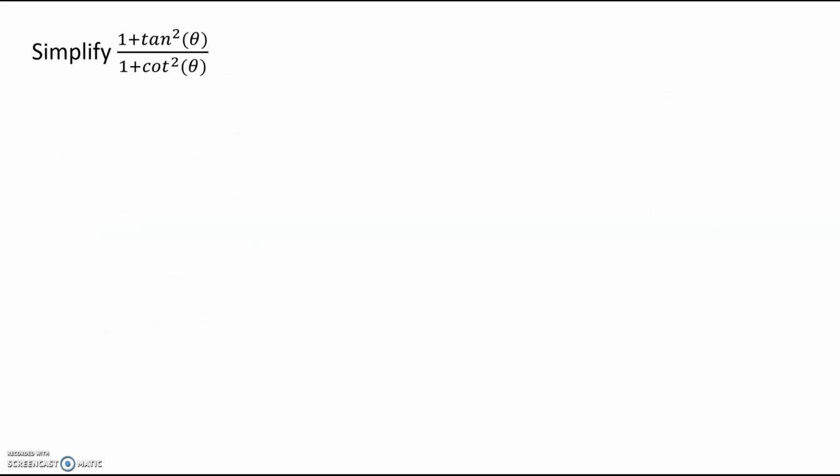Okay, if we look at this one, 1 plus tangent squared of theta over 1 plus cotangent squared of theta. Now, same thing, I've got a squared trig function and I've got a 1. So I would take a look at my Pythagorean identities. I'll write them over here. 1 plus tangent squared of theta is equal to secant squared of theta.